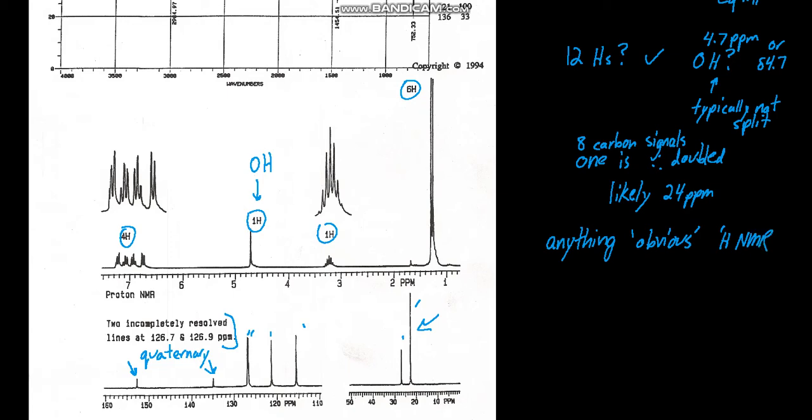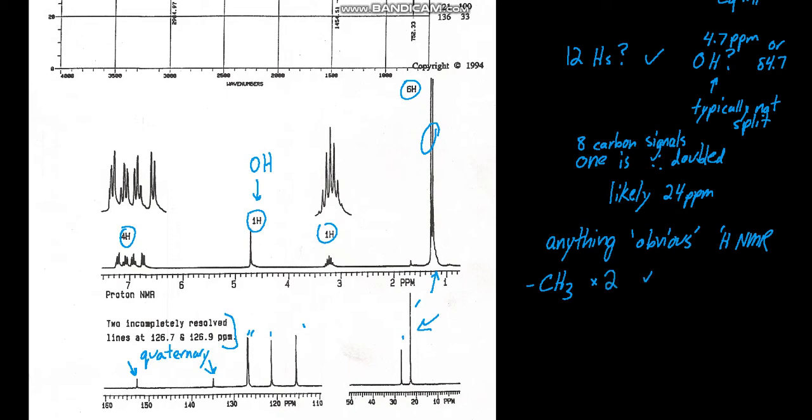Among the more obvious things are methyl groups, and it does look like we have 6 hydrogens in the typical methyl chemical shift region. So that would be two methyls, so it does look like we have two methyl groups.